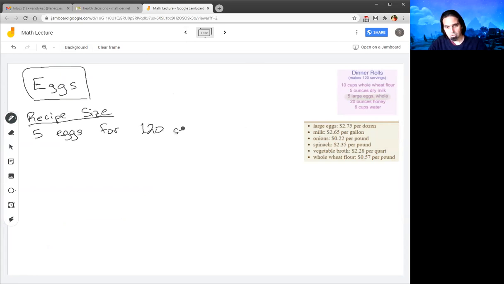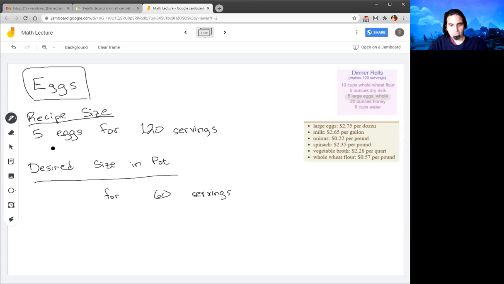Lots of rolls. What we want to cook with is 60 servings, half as many. I could set up a proportion, but I'm just going to look at this and say, I want half as many. I can divide by 2. So instead of 5 eggs, we want 2.5 eggs.